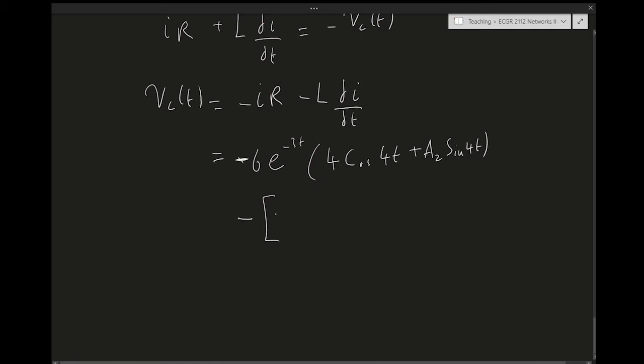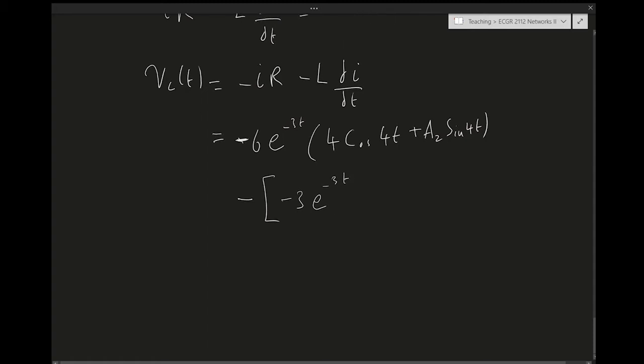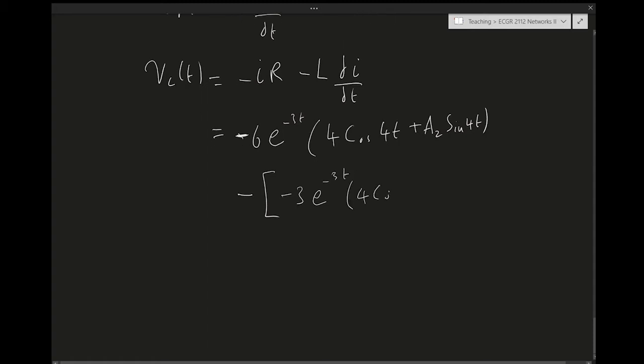So I have to take e to the minus 3t and differentiate it. So I end up with minus 3 e to the minus 3t, that's how you differentiate the exponential, times 4 cosine 4t plus A2 sine 4t.